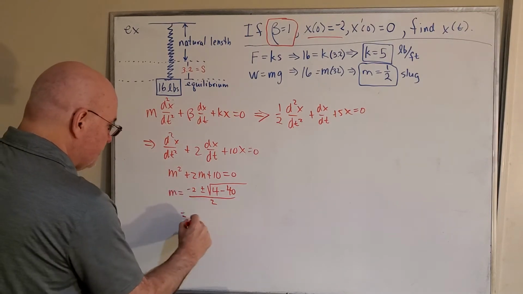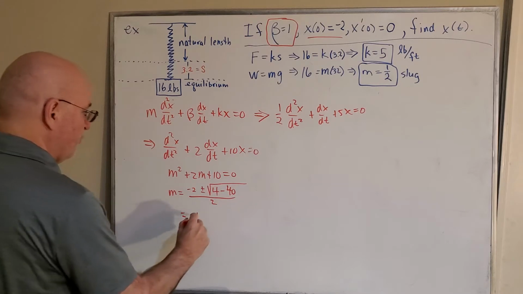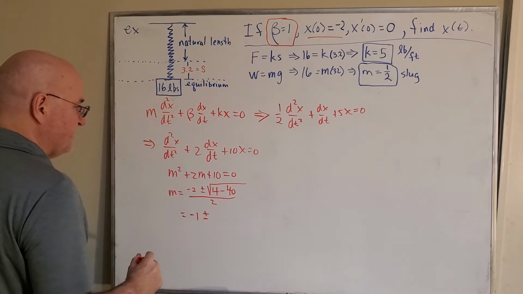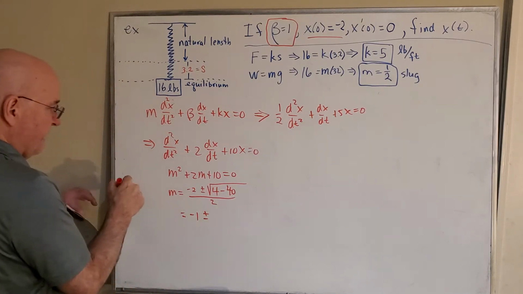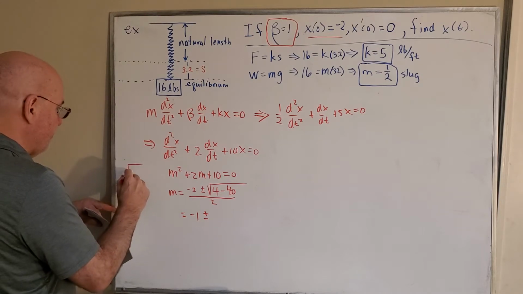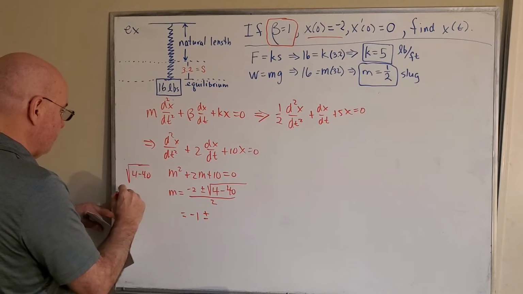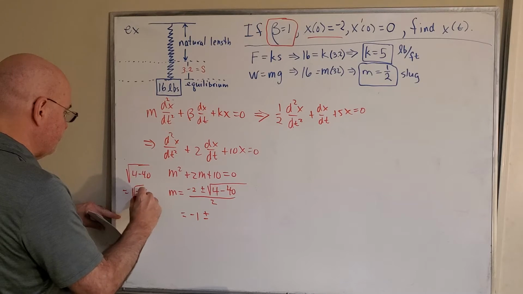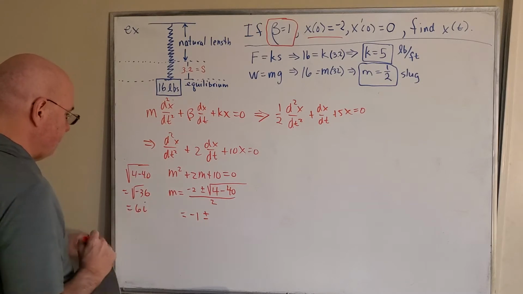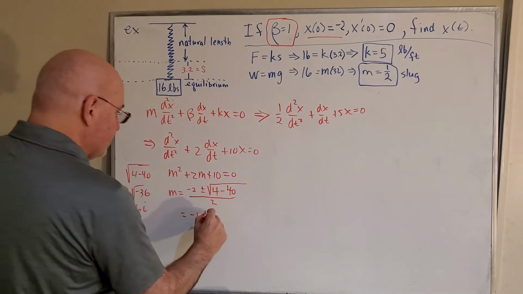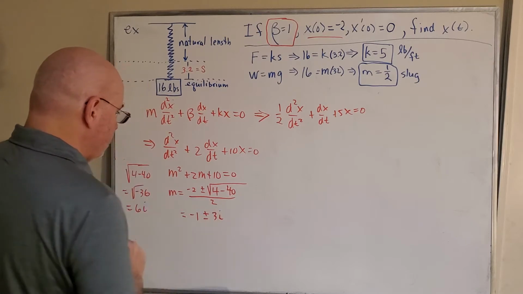That's equal to -2 over 2, which is -1, plus or minus, I'm going to just do a little bit of work over here. 4 minus 40 is -36, which is 6i. 6i over 2 is a 3i.